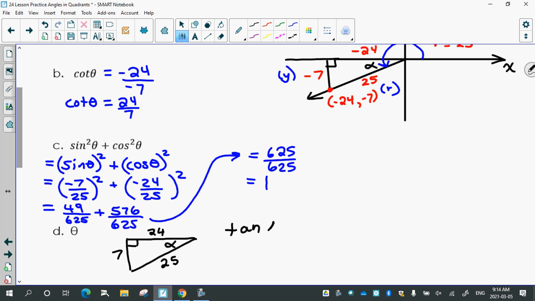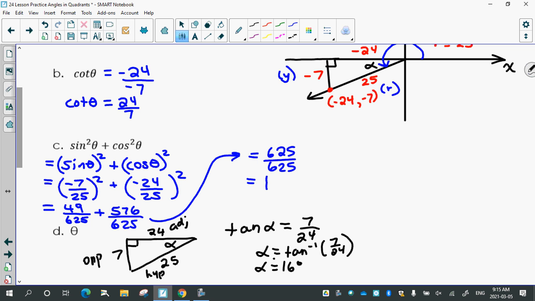So the tangent of alpha is the opposite, which is 7, over the adjacent, which is 24. So alpha is going to be the tan inverse of 7 over 24, which is 16 degrees, approximately.